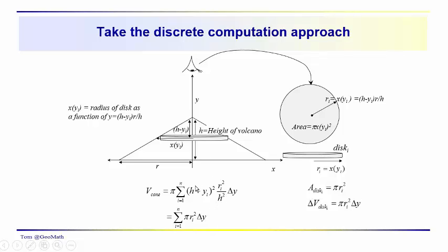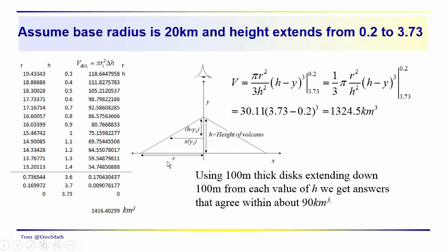So we're summing this r squared delta y, basically this formula here, in order to get the volume. And so here we have, if we assume that we have a base that has a radius of 20 kilometers, extending out in this direction or this direction, and extends from 0.2 kilometers to 3.73 kilometers.